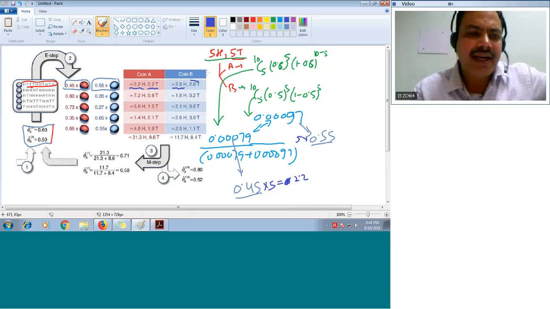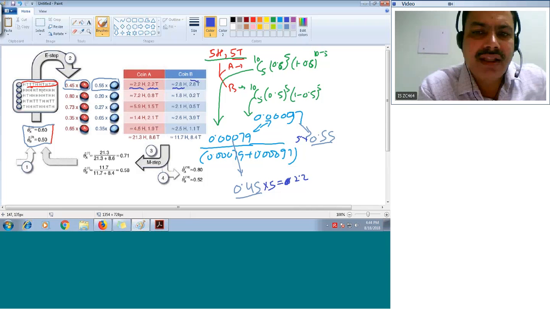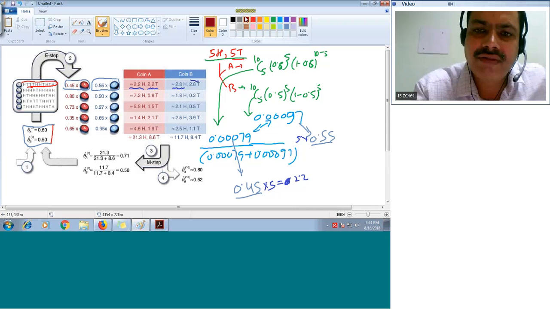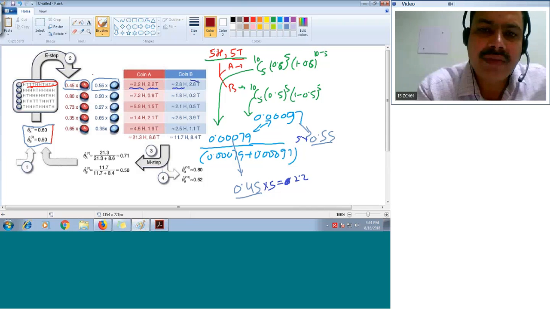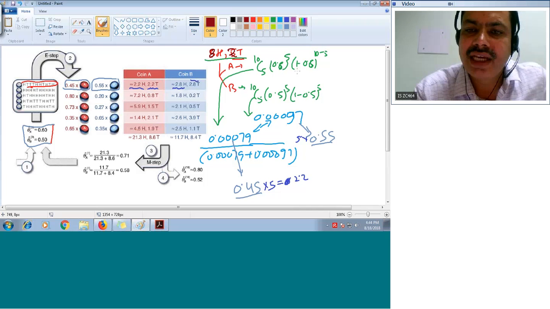Whatever calculation we have done for the first one, now the second one, which I think is the interesting one. What is the difference? Now we have 8 heads, and how many tails? 2 tails. So this formula changes.